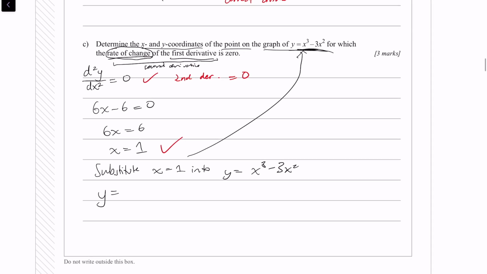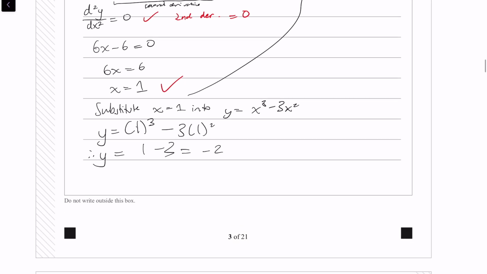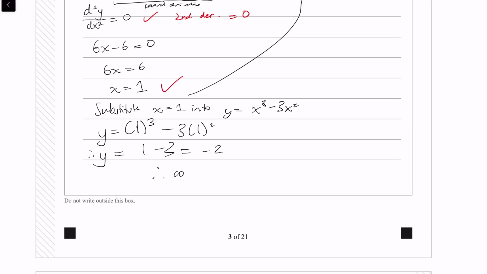So y equals 1 cubed minus 3, 1 squared. Okay, and so we get 1 minus 3, which is just negative 2. Okay, and so therefore the coordinates are equal to 1 comma negative 2, and that's my x and y coordinates there.